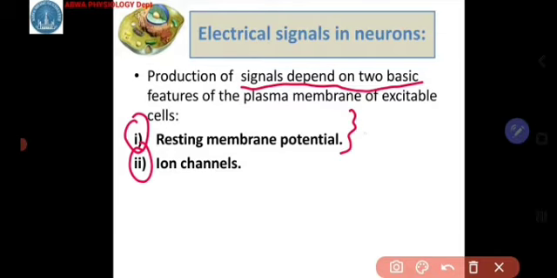If the resting membrane potential is already developed, then it will excite, and the ionic channels would change the polarity or electrical gradient.